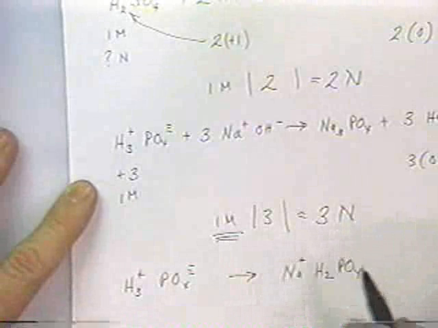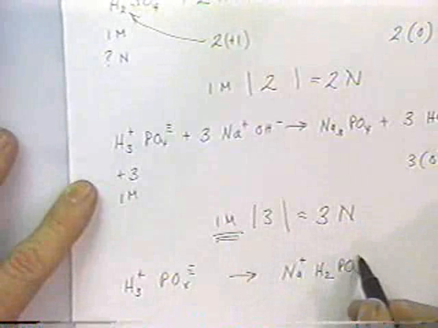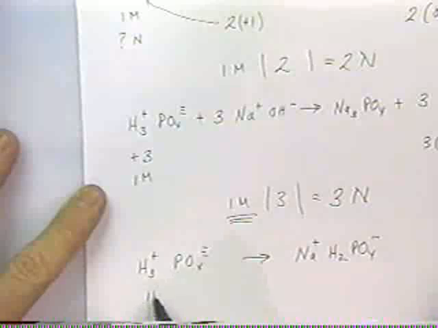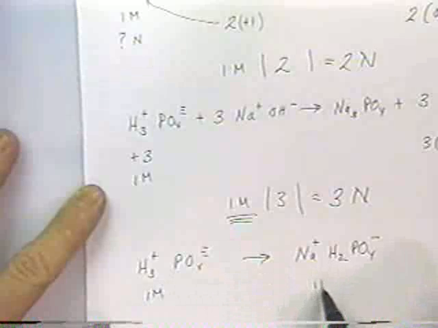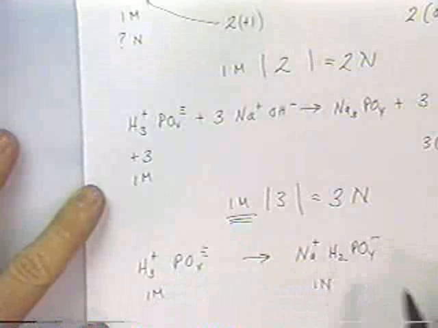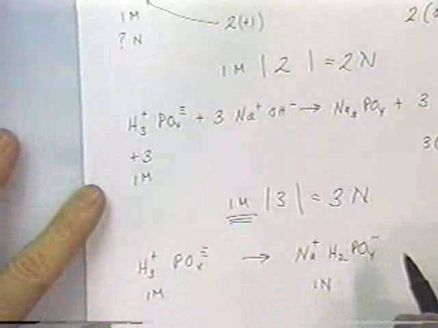That would have a +1 charge, and this would have a -1 charge. So in this case, if that was the reaction, a 1 molar solution of that would be equivalent to 1 normal because there's only 1 change in charge.